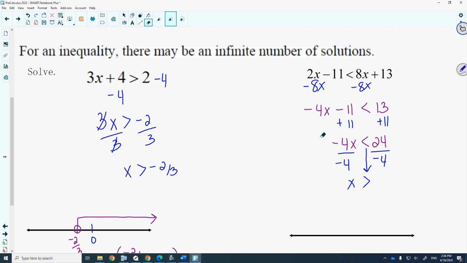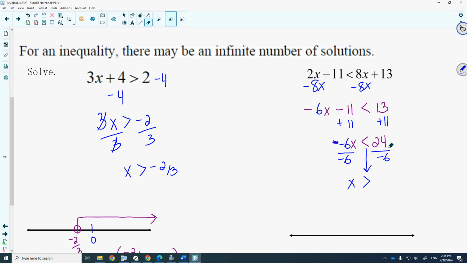That would give us negative 6x. So I've got negative 6x is less than 24. I want to divide both sides by negative 6.